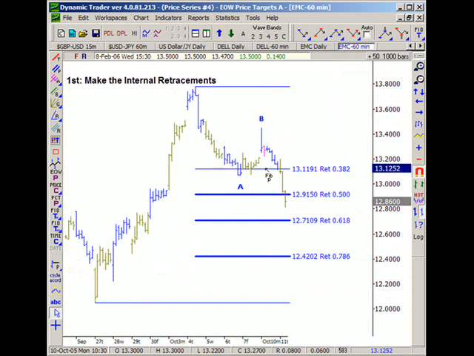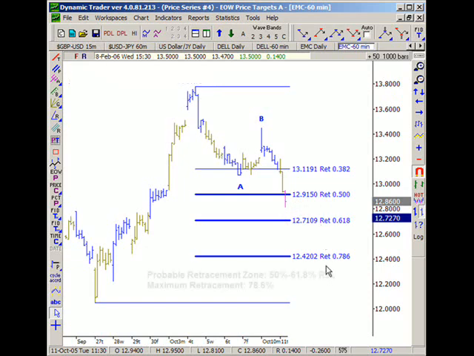And ABC corrections usually terminate in the 50 to 62% retracement zone, and usually very near either the 50 or 62% retracement. And the maximum retracement we anticipate for an ABC correction is around 78.6%. That's the maximum. So we have these retracements on it.